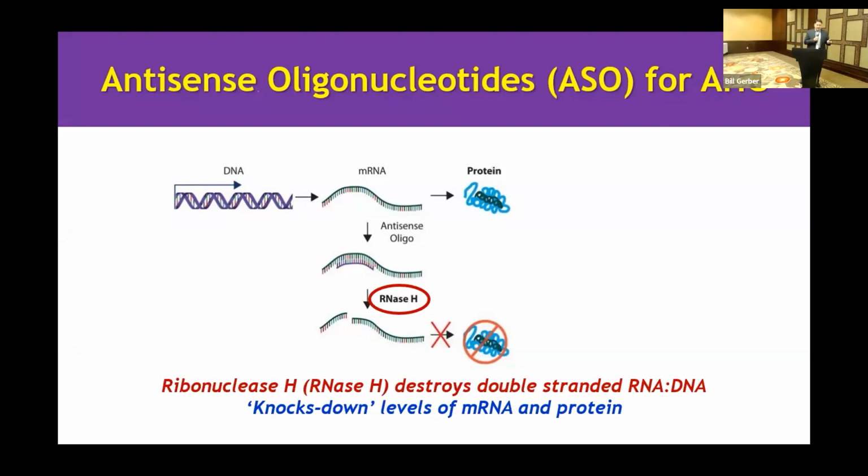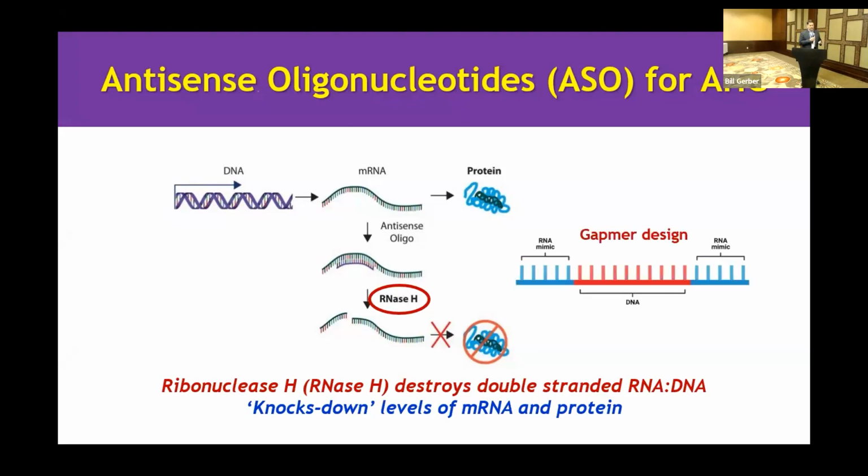If you can make this selective for the mutation, which remember, in most cases differs by only one nucleotide, so it's not very different. If you can make this selective for the mutant allele, could this work? Again, what's being clinically trialed and approved by the FDA are antisense oligonucleotides designed a particular way, referred to as a gapmer.